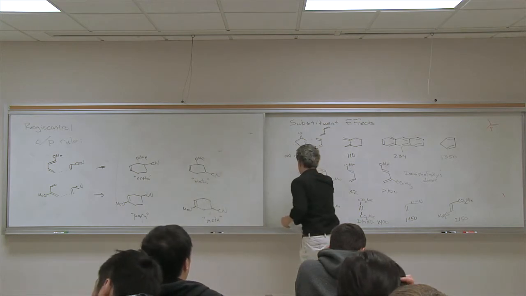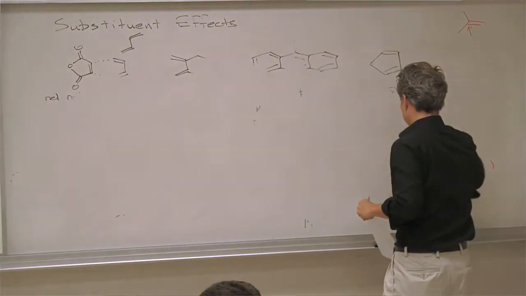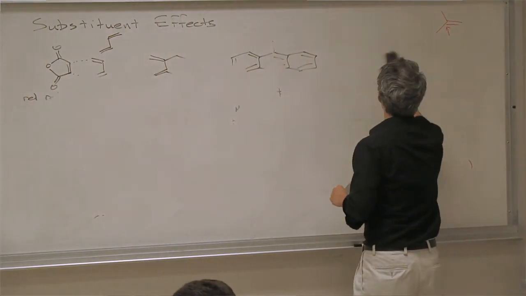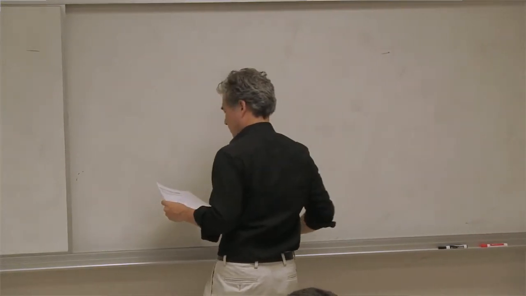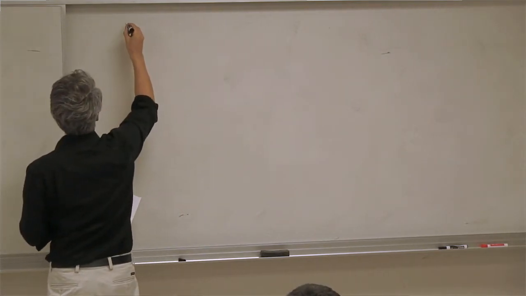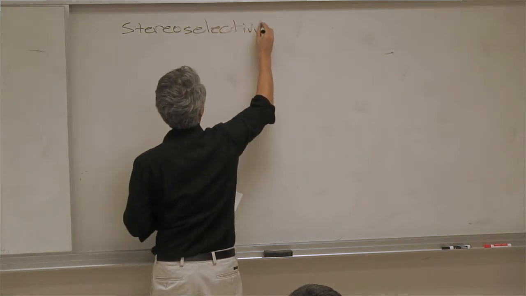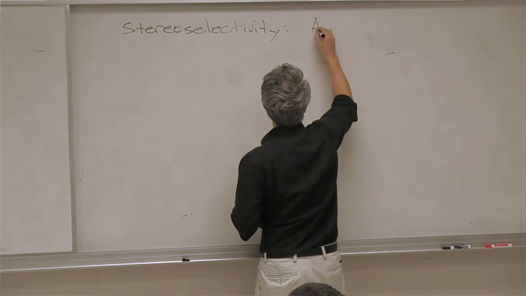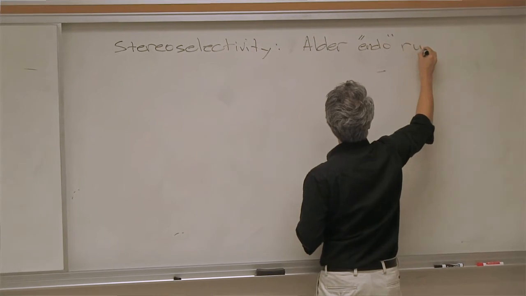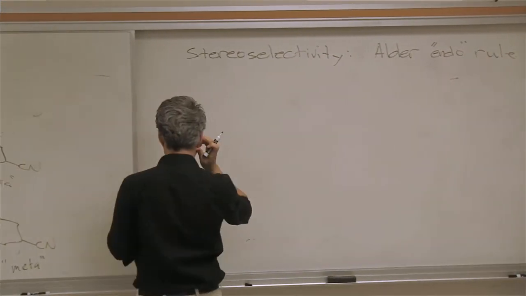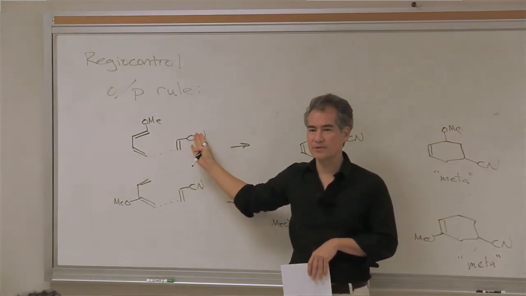in the Diels-Alder reaction. And we're going to look at something called the endo rule. In most cases, your dienophile has a resonance electron withdrawing group.